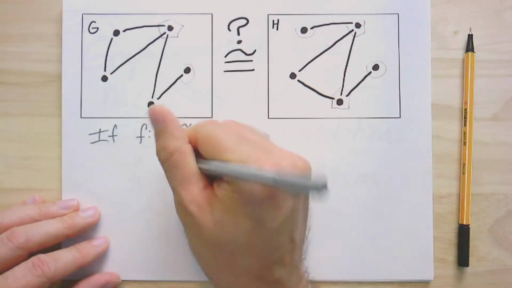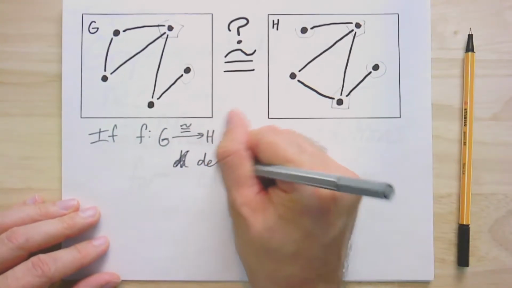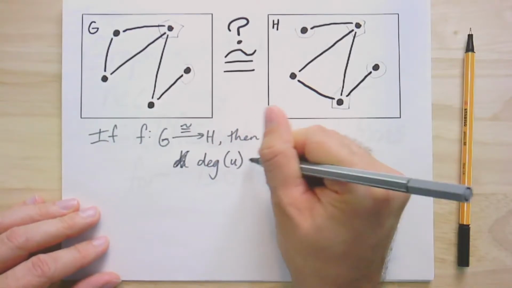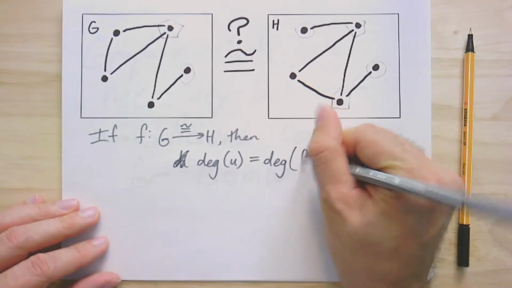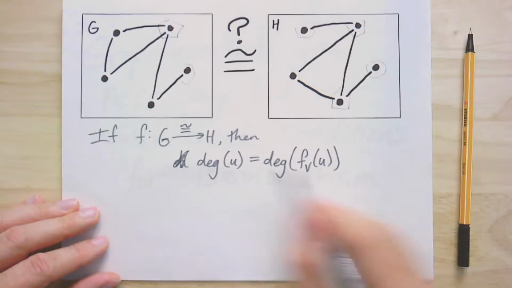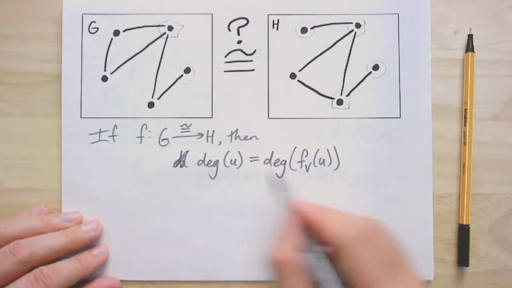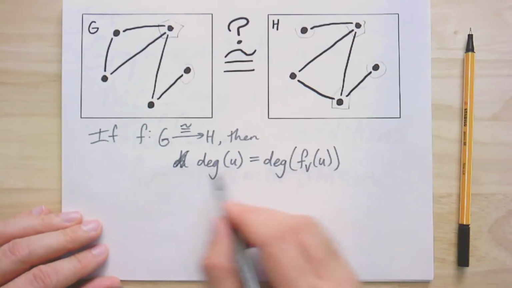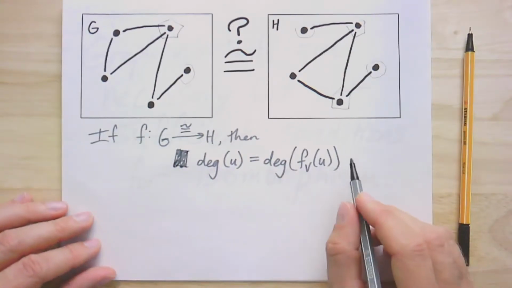Then it should be the case that the degree of a vertex u should be equal to the degree of f_V of u. So wherever f maps that vertex u, it should have the same degree on the other side. This is the degree in G, this is the degree in H. This one you can prove. I'll leave that as a little exercise. It's very easy to do.